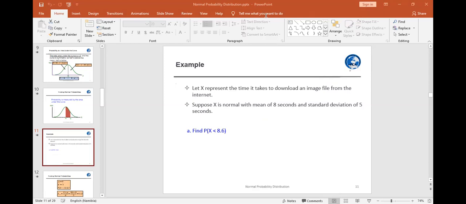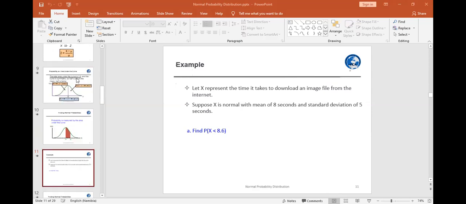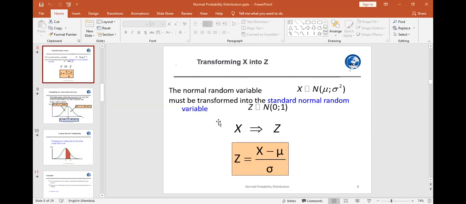Remember, we use the Z formula. Let me clear all the drawing. For this calculation, we have to make use of this formula, transforming that 8.6 to the Z by making use of this formula.